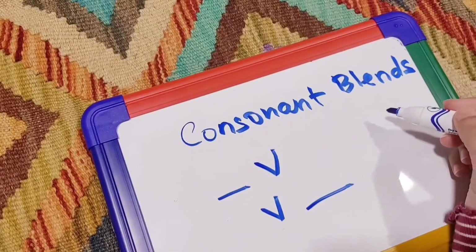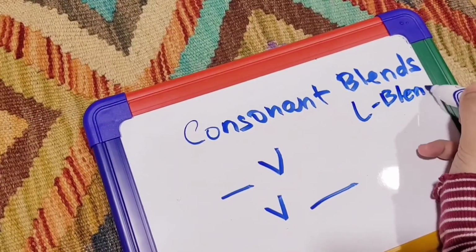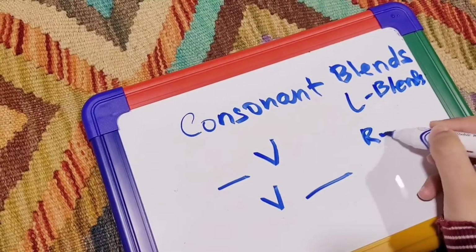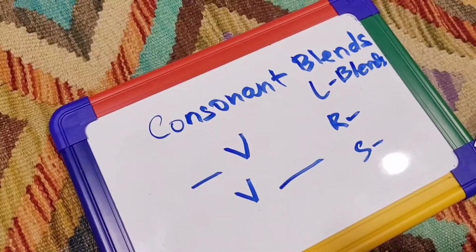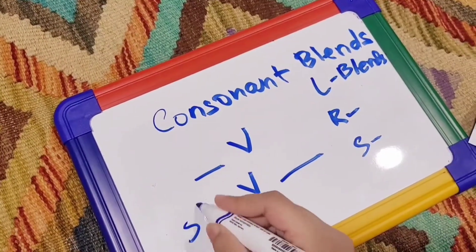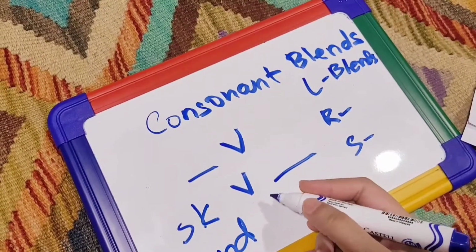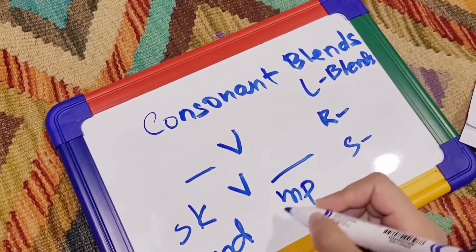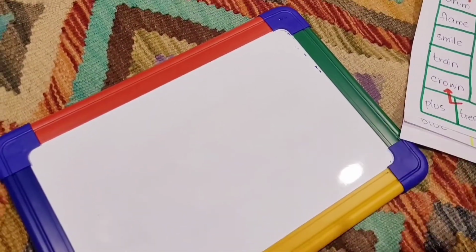The beginning consonant blends are the L blends and R blends and S blends. And the ending consonant blends are lots: SK, ND, MP, as in clam. So there are lots and lots of consonant blends.